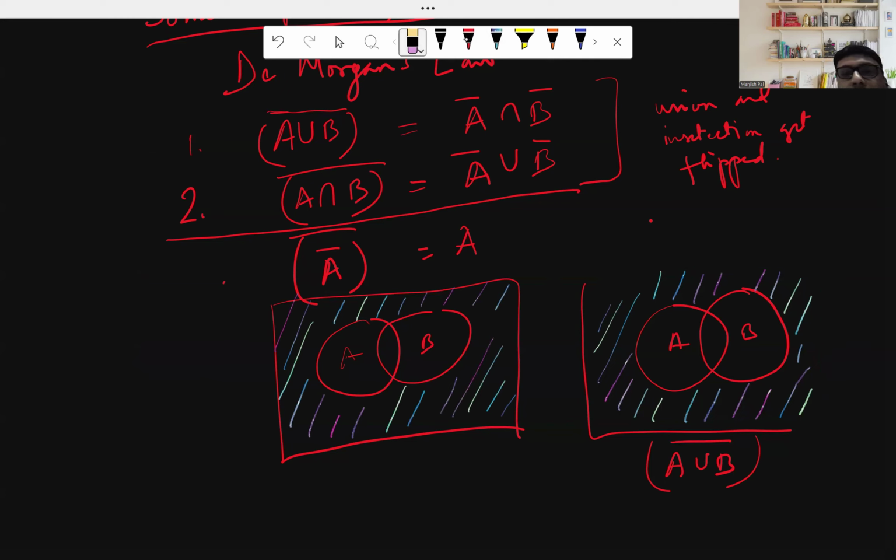And the second is A intersection B complement equals A complement union B complement.